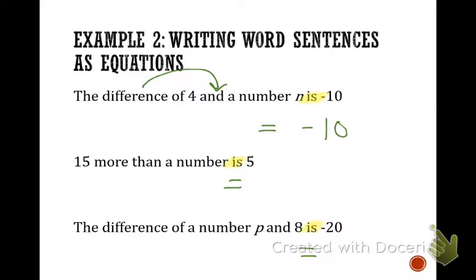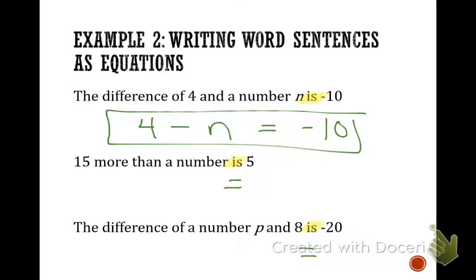So that's where I insert my operation. Okay? So the difference of 4 and a number is negative 10. So oftentimes I'll see people say negative 4 plus n. Okay? Because they think and means plus. That is simply where you plug in your subtraction. Okay? Now let's talk about the second statement.